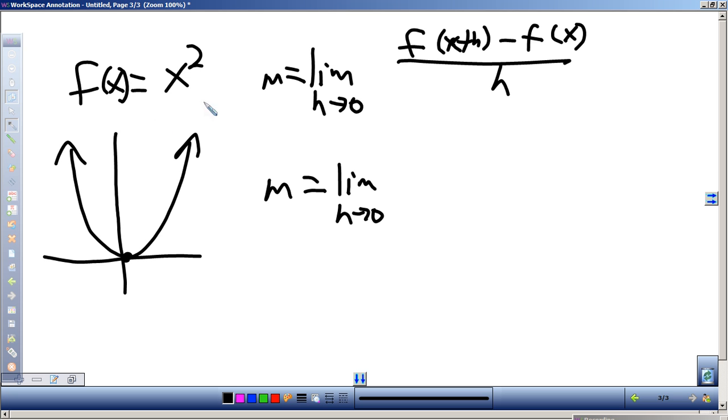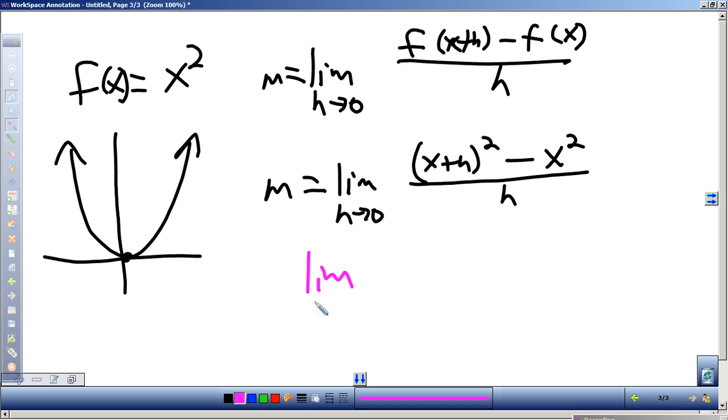Well, squared. So we're going to have x plus h squared. You with me with that? Okay, minus f of x, which is just x squared, all over h.